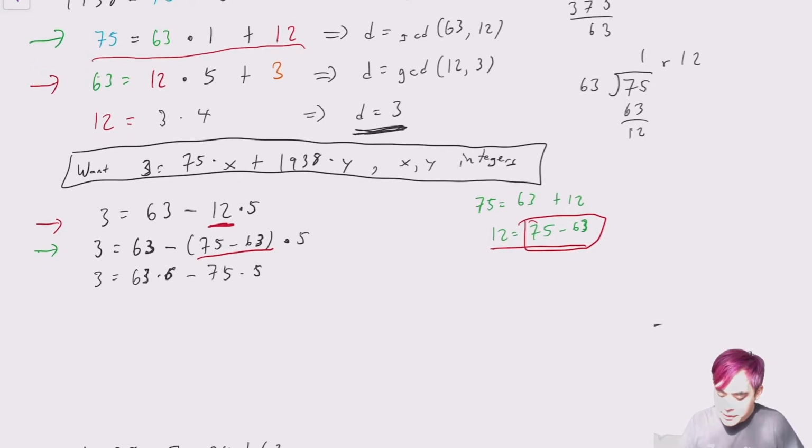Let me expand this out slowly, just to make sure that we don't get confused. So 3 is equal to 63 minus, using the distributive property, 75 times 5 plus 63 times 5, right? And so then 3 is equal to 63 times 6 minus 75 times 5.